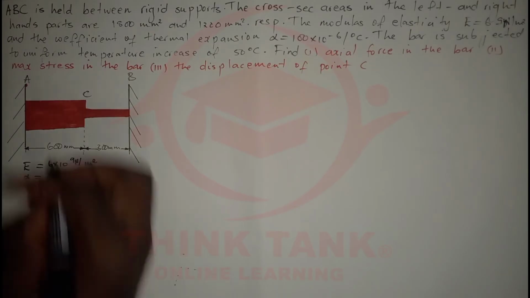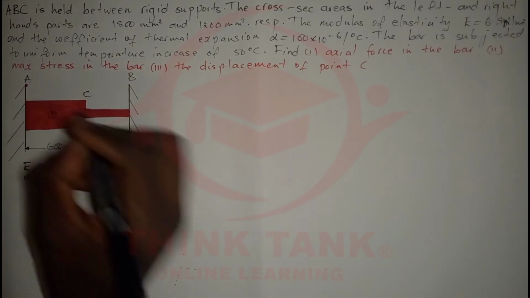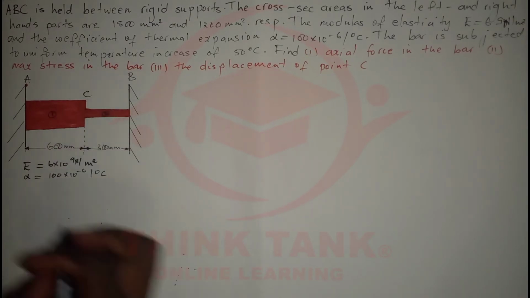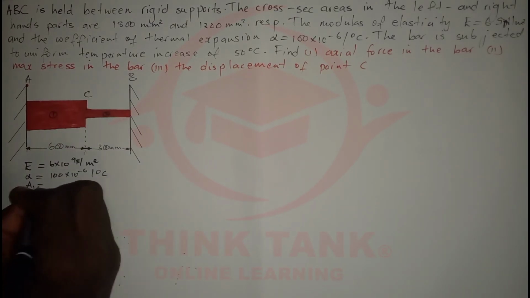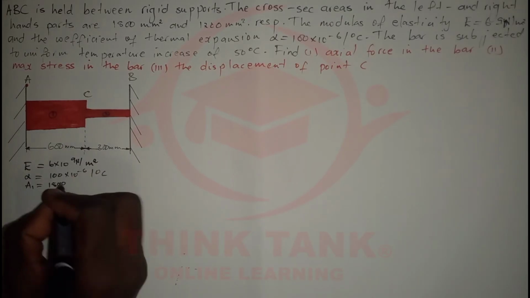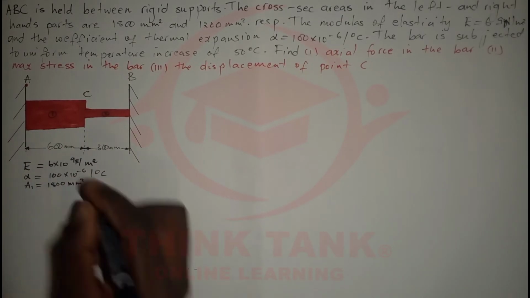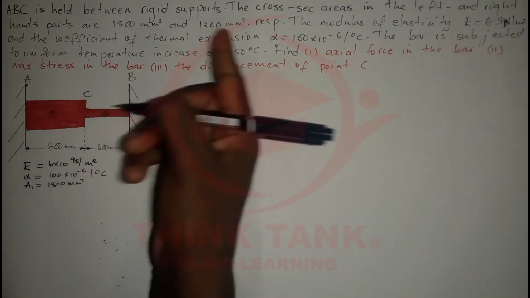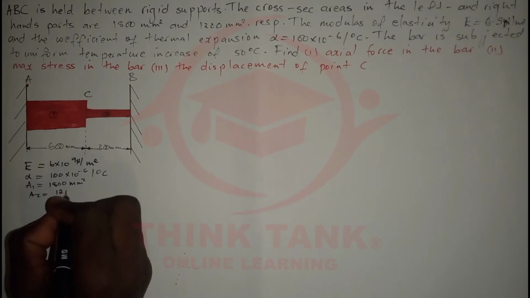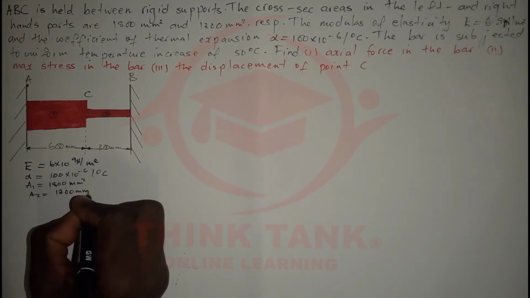We're also given the cross-sectional areas of the left part and the right part. I'm going to call the left-hand part 1 and the right-hand part 2. A1, the cross-sectional area of part 1, is 1800 square millimeters, and A2, the cross-sectional area of the second part, is 1200 square millimeters.